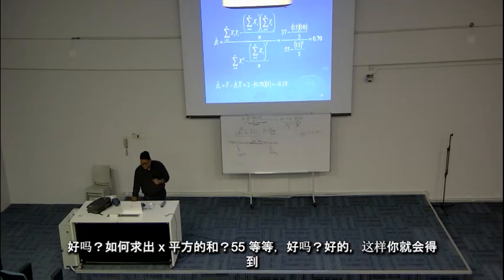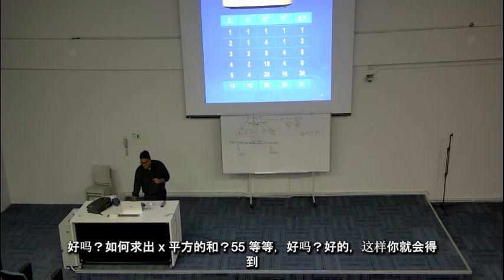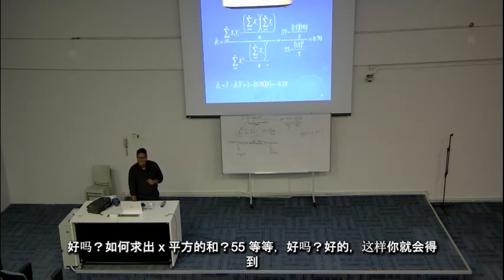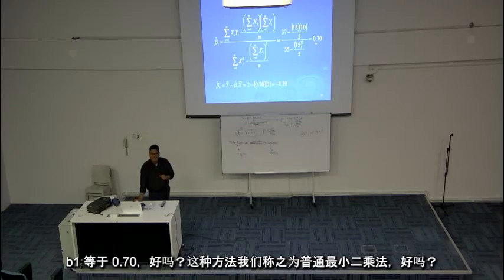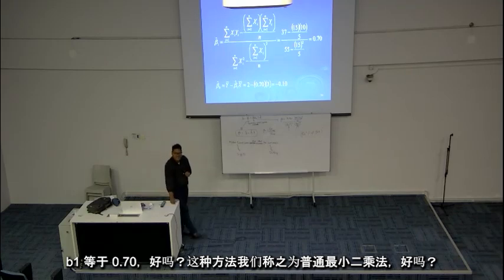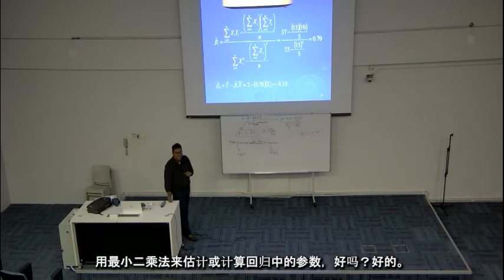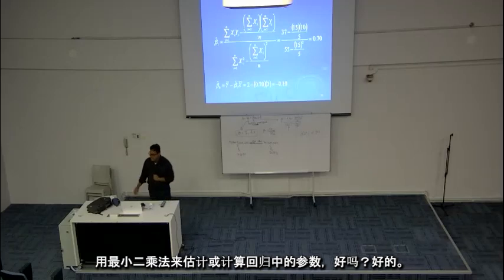How to get the summation of x square? 55 and so on. So you will get the value of B1 equal to 0.70. This method we call the ordinary least squares method, the least squares method to estimate or calculate the parameters in the regression.